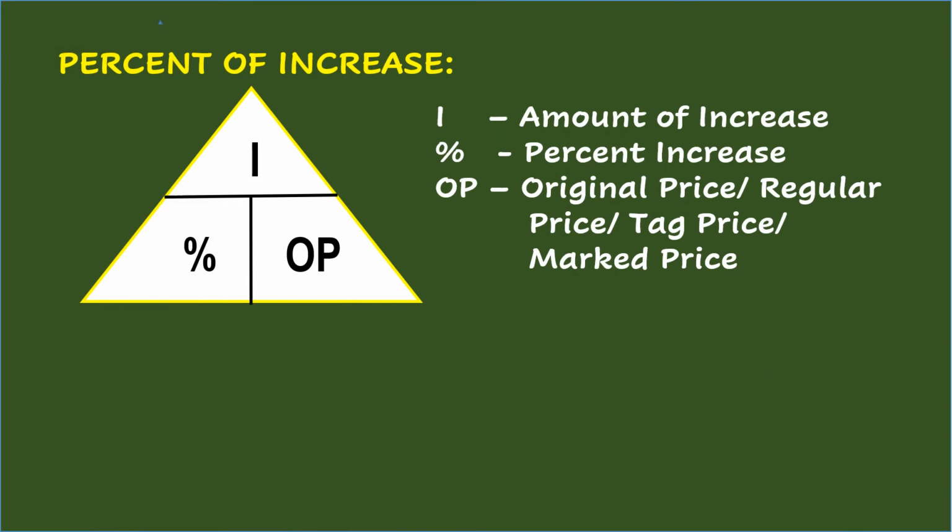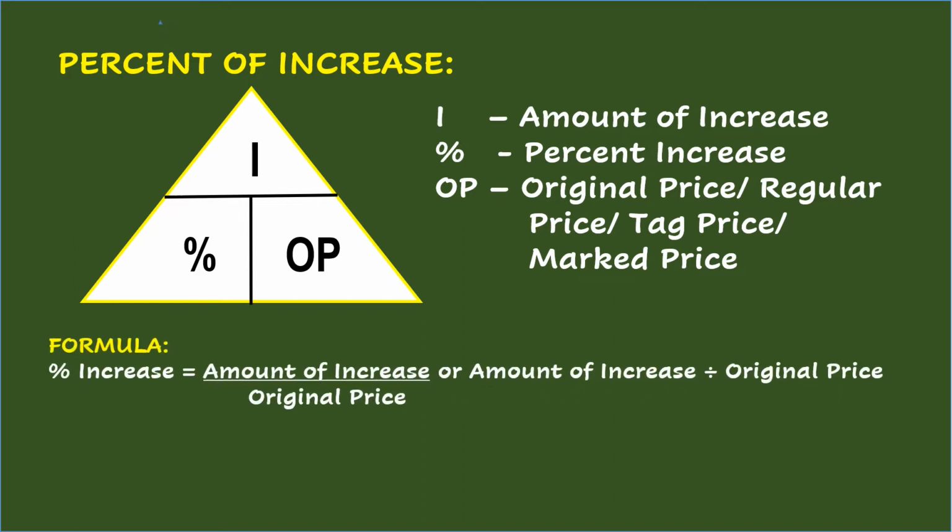The percent of increase using the triangle can be illustrated with I as amount of increase, percent sign as percent increase, and OP as original price, regular price, tag price, or mark price. Take note that increase is on top of the percent increase and original price, while percent increase and original price are beside each other.